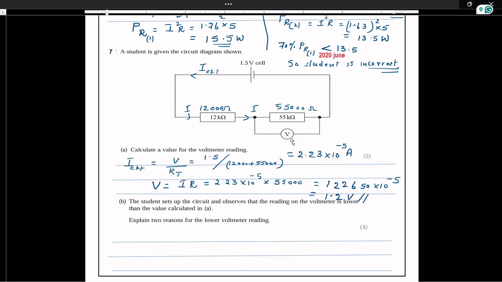So the drop across the 55 kilo ohm resistor is 1.2 volts.